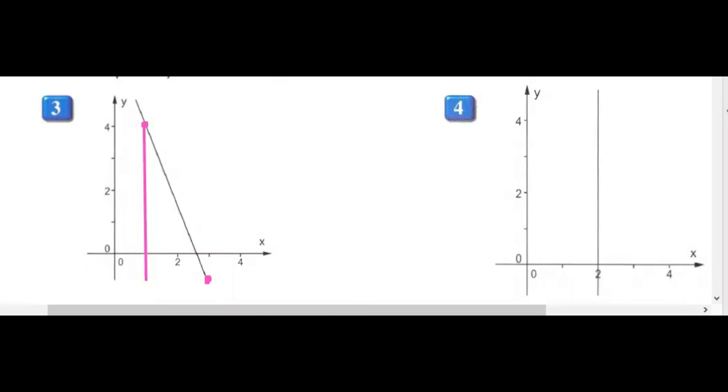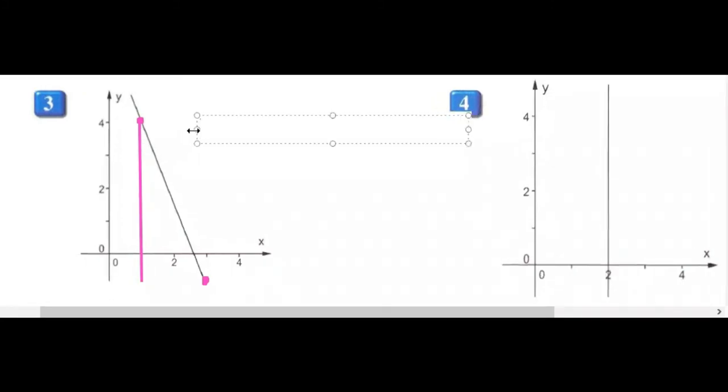Okay, the vertical change is 5 units. But this 5, guys, is different. Why is it different? Because we are coming down. So when we come down, it is negative. Look, I want to go from this point to this point, okay? When I say down, it's negative 1, negative 2, negative 3, negative 4, negative 5. So it is negative 5.